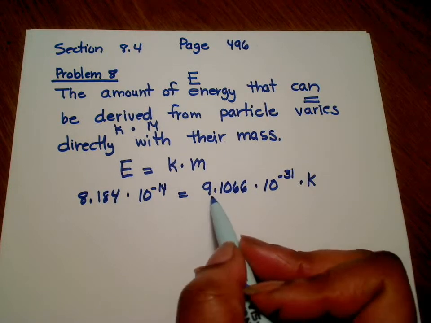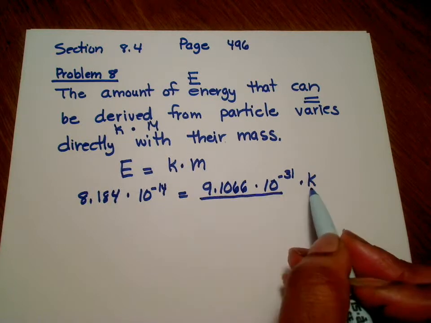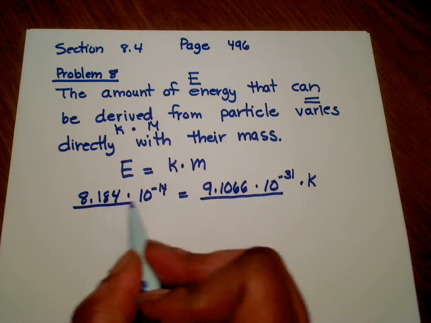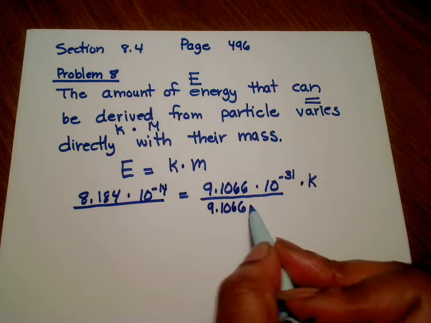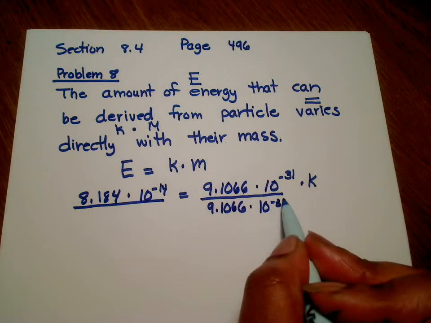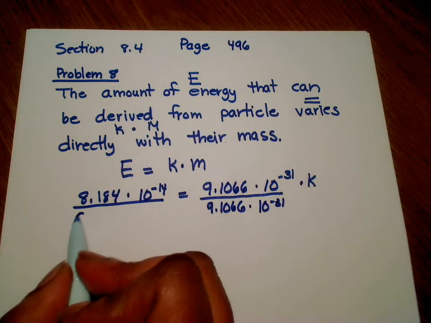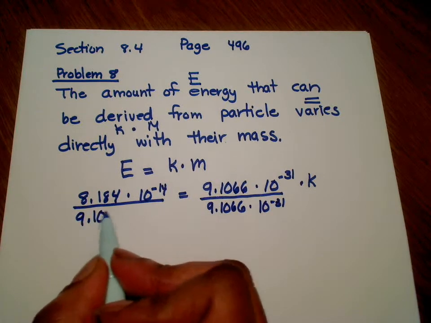Now what I'm going to do is get rid of this, because what I want to do is solve for K. So I'm going to divide both sides by 9.1066 times 10 to the negative 31st, and this side also by the same number.